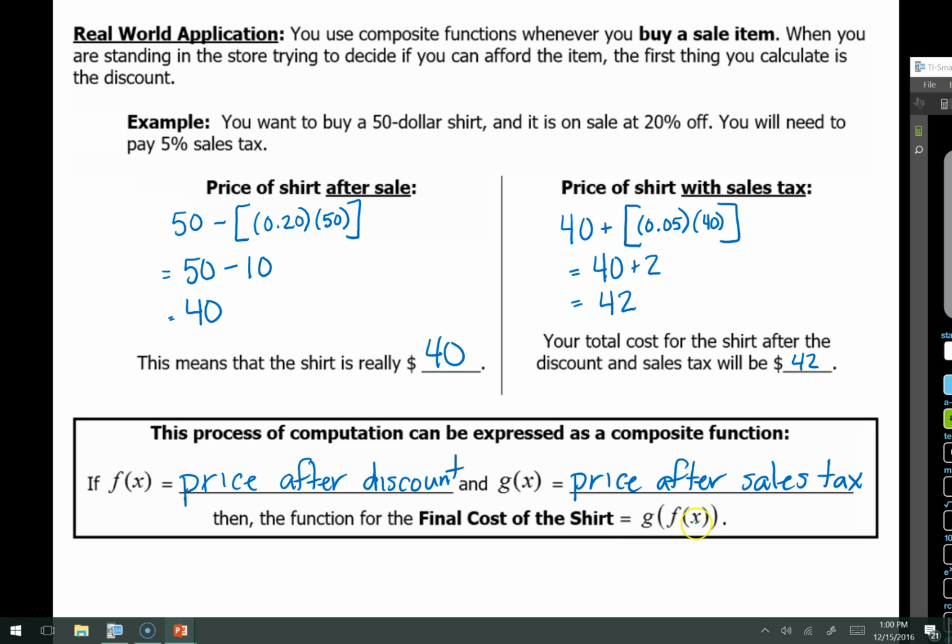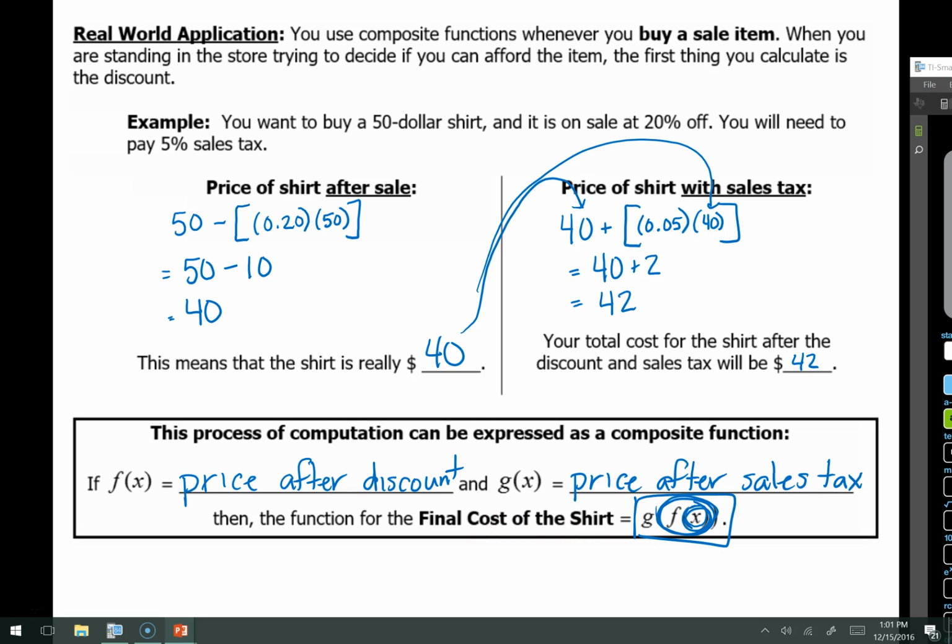We took our $50 shirt, the x is the 50 here, we figured out what the price being discounted was, and then we used that piece of information to figure out what the sales tax was. So we found one value and then plugged it in and used it to get to the value we really wanted to know, g of f of x, the price after the sales tax, or the total price of the shirt, the final cost of the shirt.